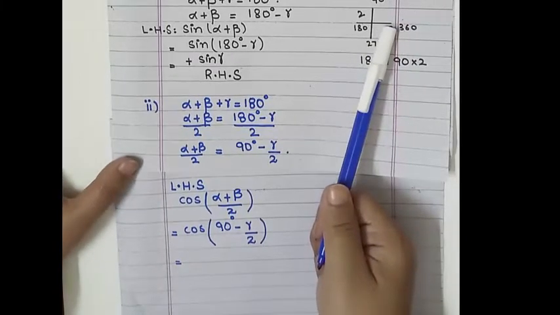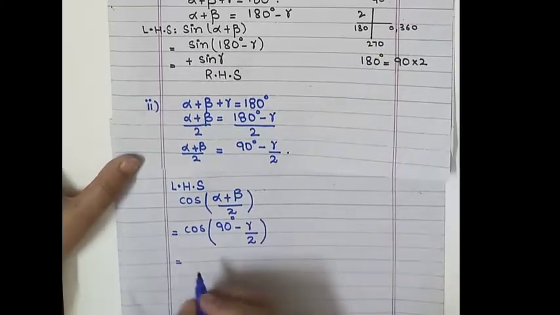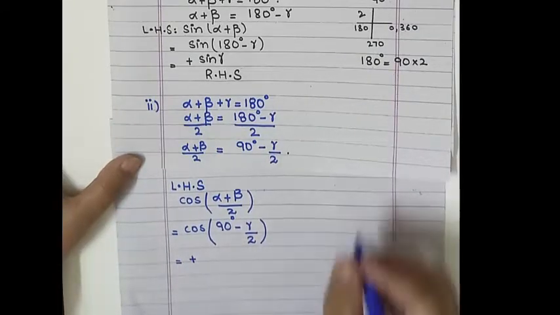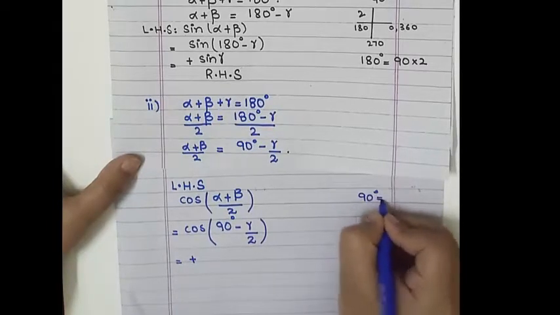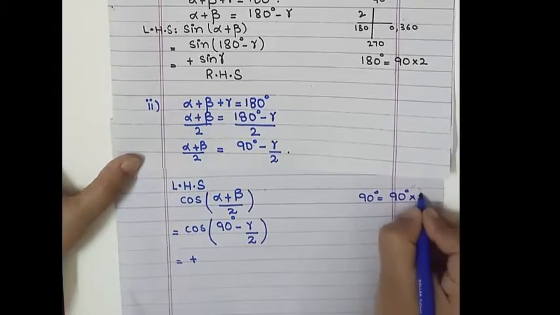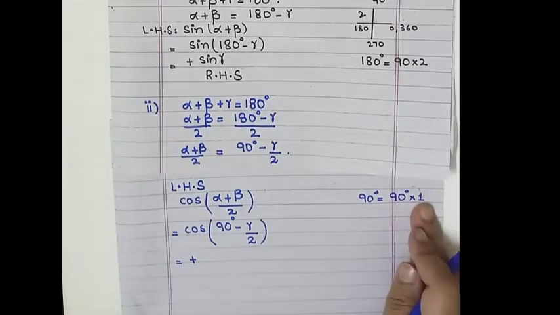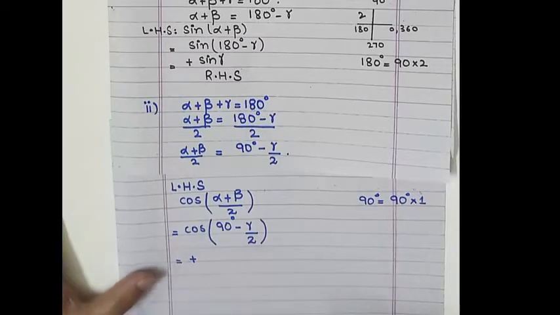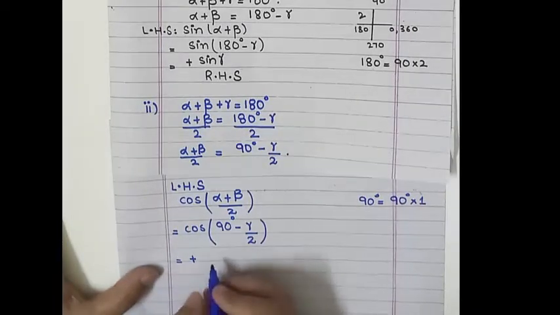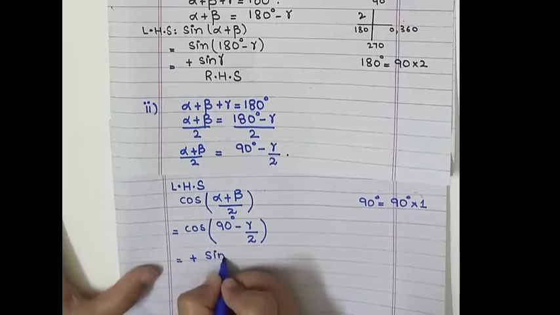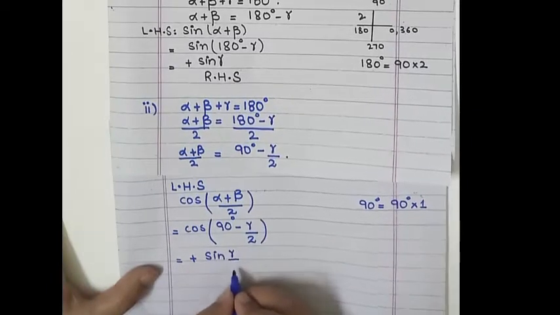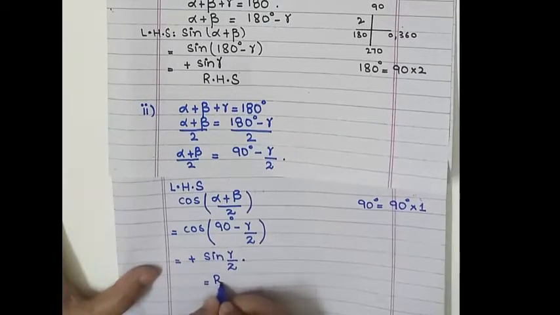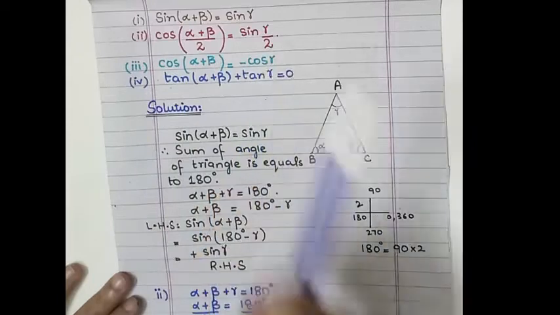In the first quadrant all trigonometric ratios are positive, so the sign will be positive. And this is 90, which means 90 into 1. Since 1 is an odd multiple of 90 degrees, the cos will change into its co-ratio. The co-ratio of cos is sine, and the angle is gamma over 2, which is equal to the right hand side. So we have proved the second result.